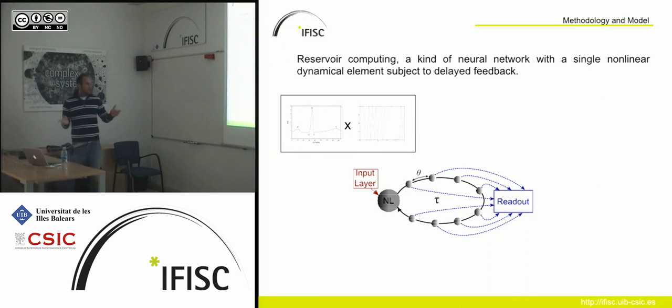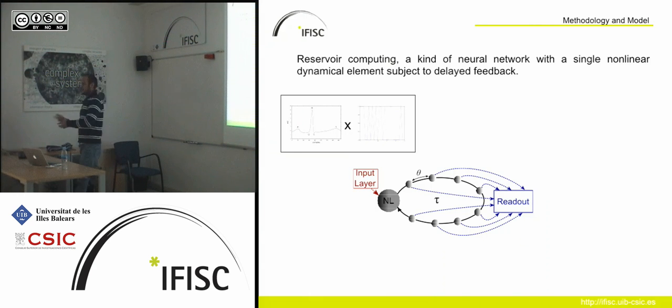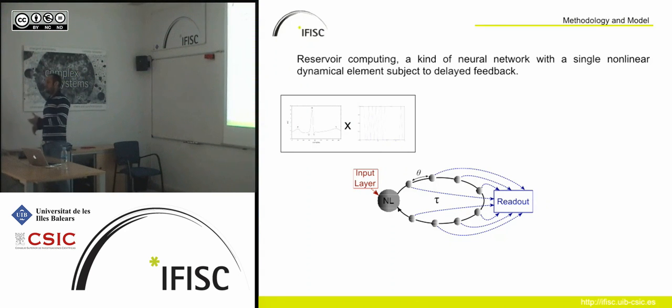However, what we have seen using different nonlinearities is that it doesn't matter which. It's not that it doesn't matter, but there are many nonlinearities that can perform as well as this one, in the delay loop setup. Yes. But maybe if you look for many of them, you can find some nonlinearity that is particularly suited for this task. But this will change from task to task. It doesn't mean that nonlinearity is going to perform well in the Lorenz case.